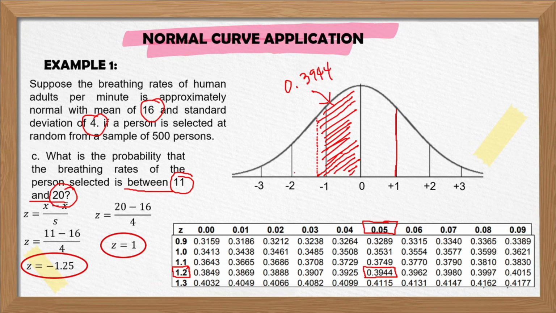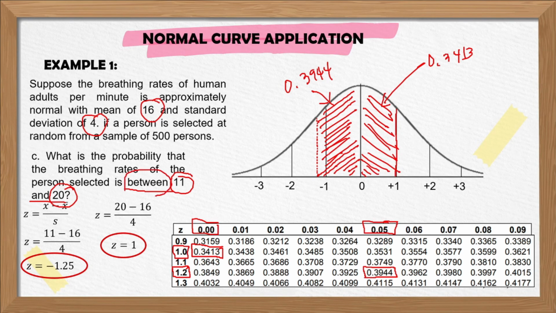Okay. So that is 0.3944. Now let us get the area of positive 1. So let us get this 1.0 and 0.00. So the area is 0.3413. So this area is 0.3413. So let us shade this part. Yan. So the question, the probability between, so in between of these two z-score.